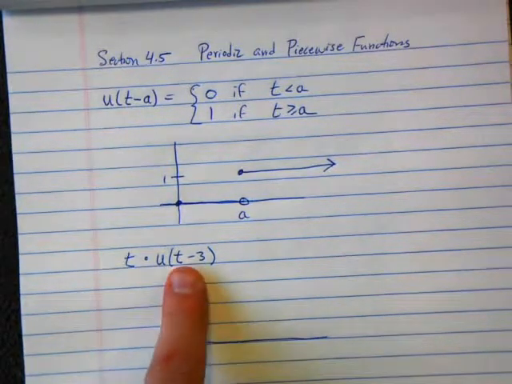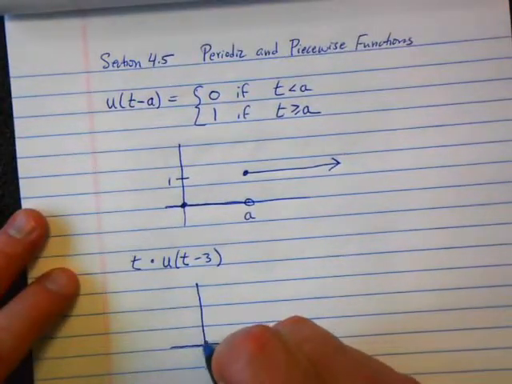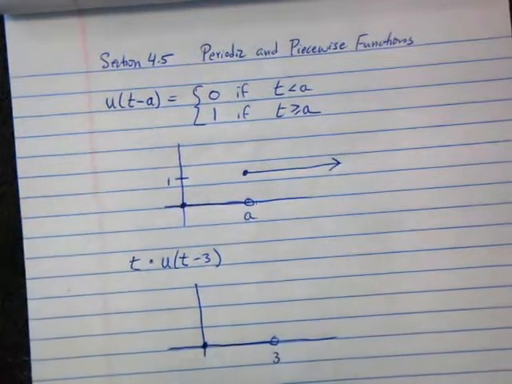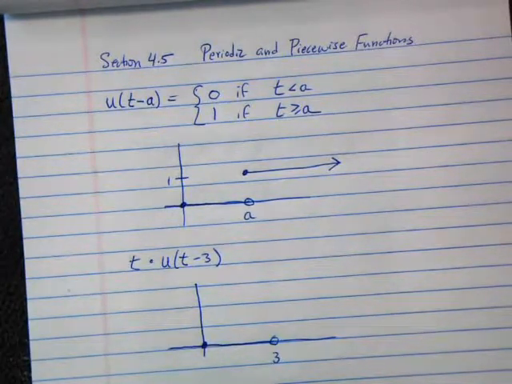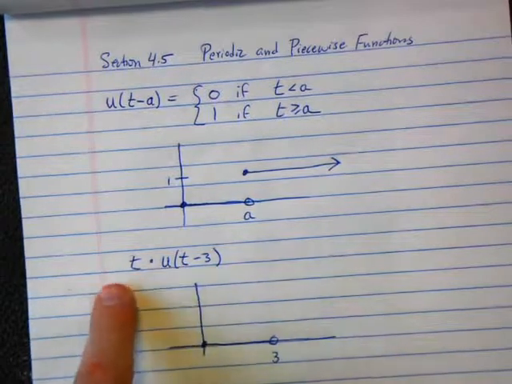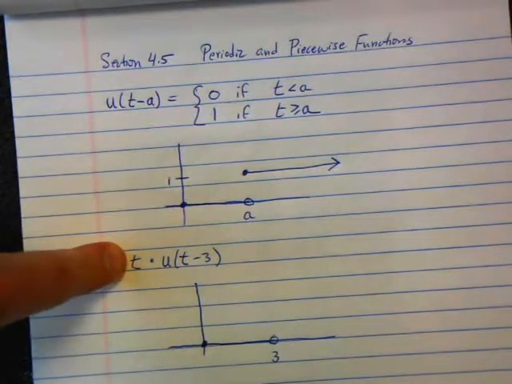Well, what does this u thing do? U is 0 up until you get to 3. So it's 0 up until you get to 3. What happens after you get to 3? This u function is 1, so I'm going to have 1 times t. So once I get to 3, it's going to look just like the function t.